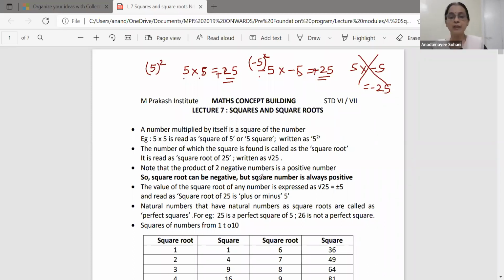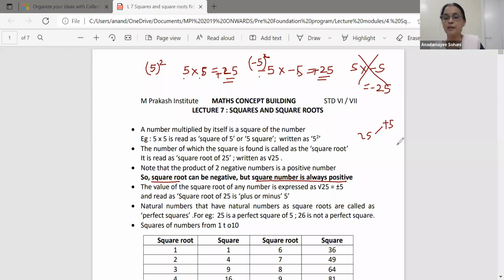Square number is always positive, but the square root can be positive or negative. So when I am saying that the square of a certain number is 25, what is that number? That number can be plus 5 or it can be minus 5, any of the two.